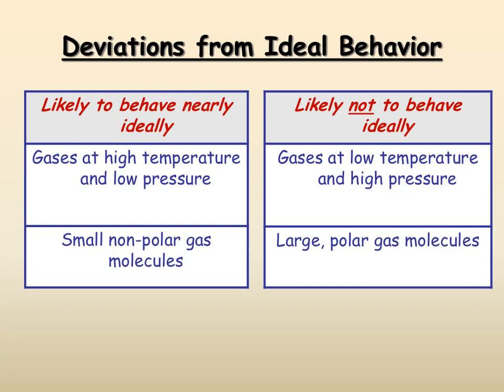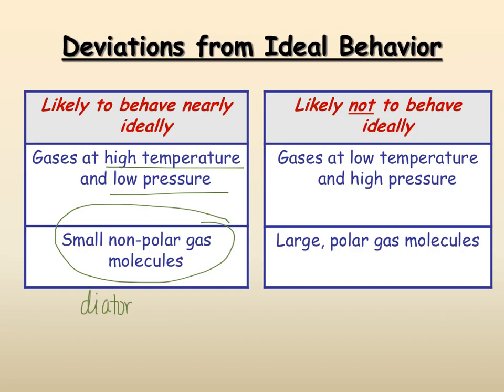So, again, what we can do to make a gas act as if it is an ideal gas is make sure that we are running things at high temperatures, low pressures, and using small nonpolar gas molecules. Your best examples here are going to be your diatomic elements and your noble gases.